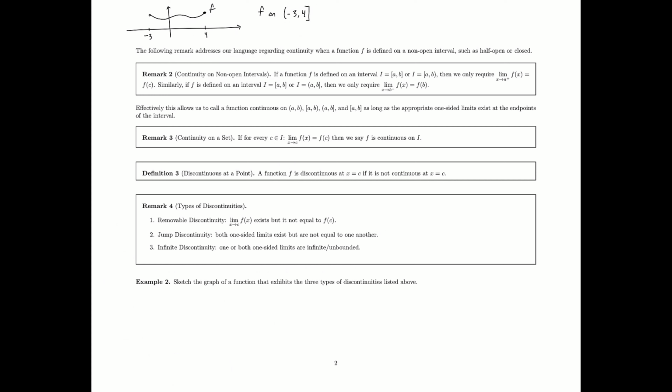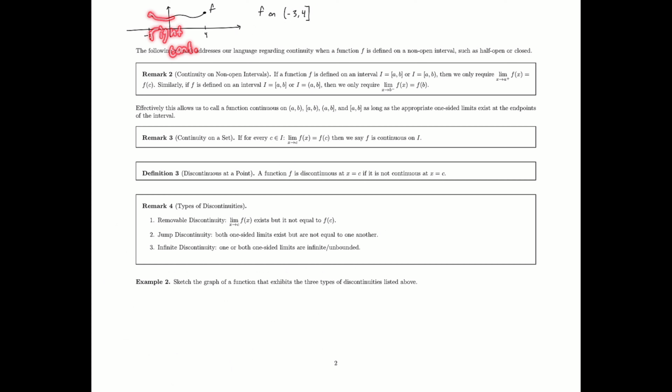instead of requiring an open interval on every single point, we can just relax our conditions on these included endpoints, and we'll only require that the function be left continuous here. Or if we had it closed on the left endpoint, then we only require it be right continuous at the endpoint.